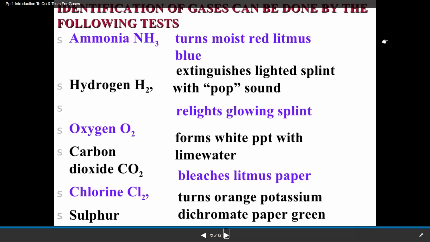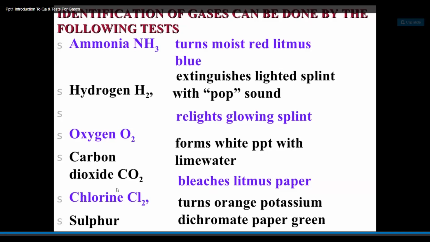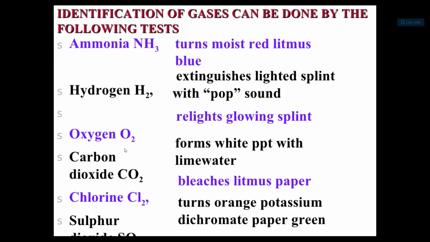Identification of gases can be done by the following tests. A number of gases are mentioned in the slide, and we can perform some tests to identify these gases. The first one is ammonia.